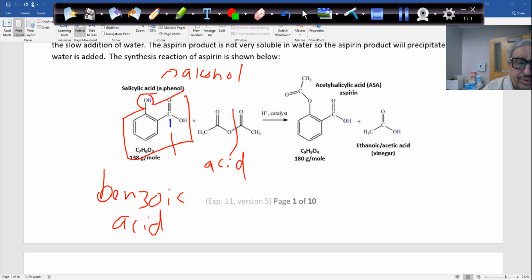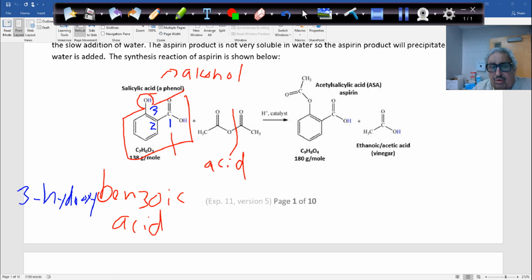This is 1, this is 2, this is 3. Okay, guys, so this is benzoic acid, and this is 3-hydroxy benzoic acid, if you take carboxylic acid as 1.